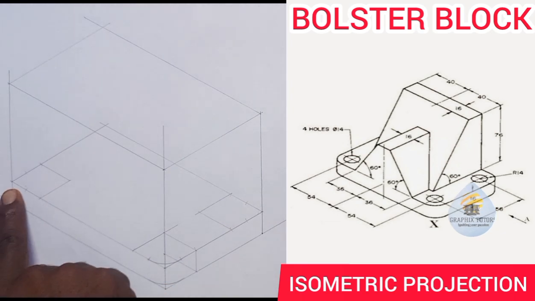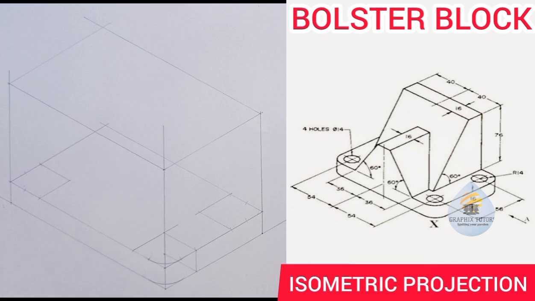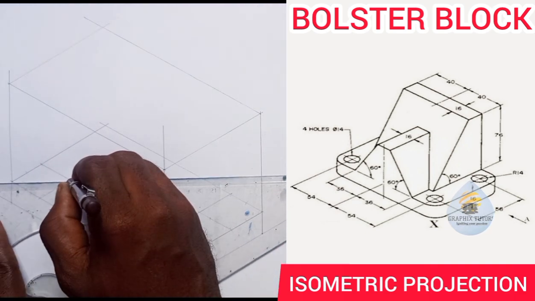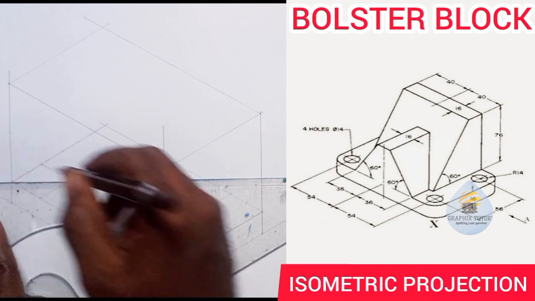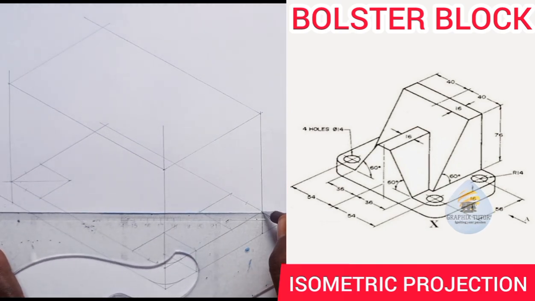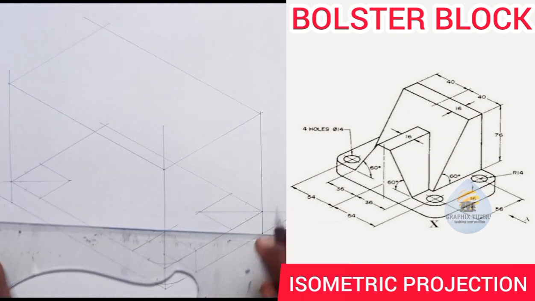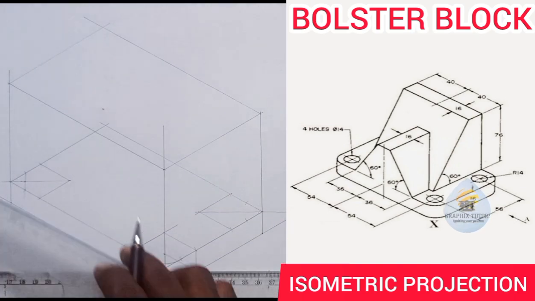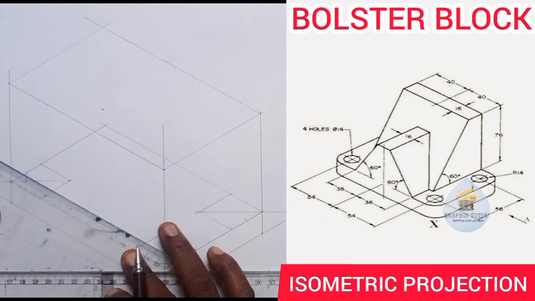I'll come here again. I'm going to do the same thing, but in this case, I'll join the diagonal. I'll join this diagonal to this, and I'll join the diagonal to this. Can you see that? So once I've done that, I can easily just cross it. Let's cross it.